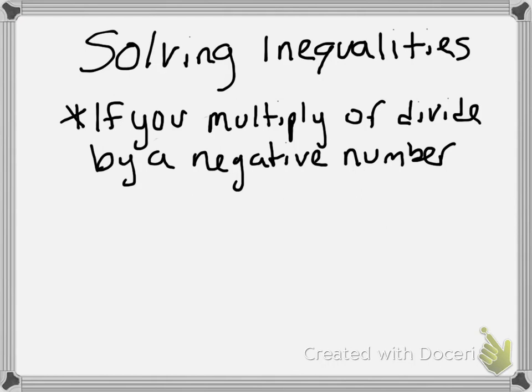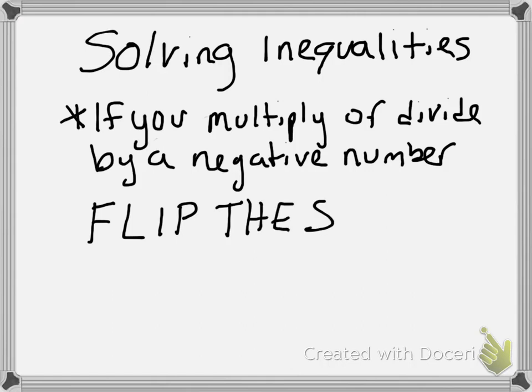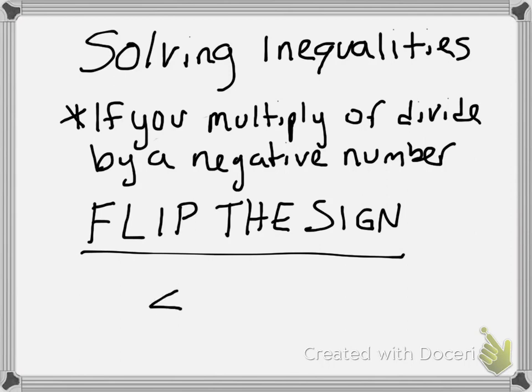If you are multiplying or dividing by a negative number to solve for your variable, you have to flip the sign. You will see some examples of this as we go through and solve. It'll come up occasionally. For example, if you had this originally and had to flip your sign, it just completely flips the other direction.